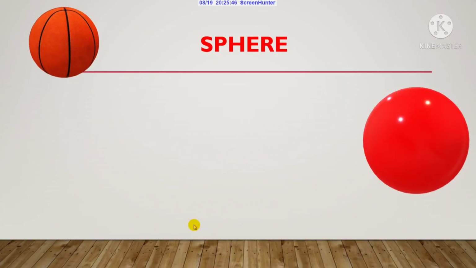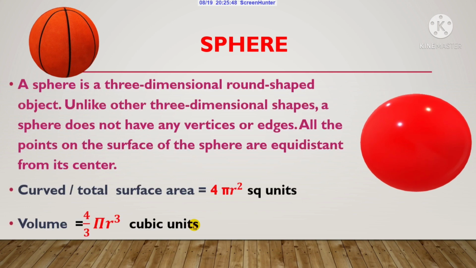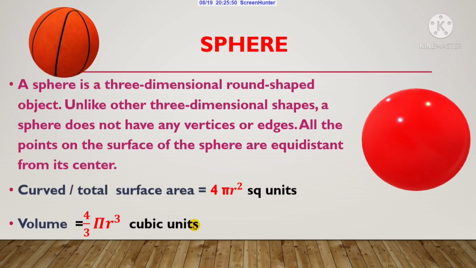Next, we will look at this. We play with this. You know what this is? It's a ball shape, isn't it? We call it a sphere. Our Earth is the best example for a sphere. A sphere is a three-dimensional round-shaped object. Unlike the other three-dimensional shapes, the sphere does not have any vertices.